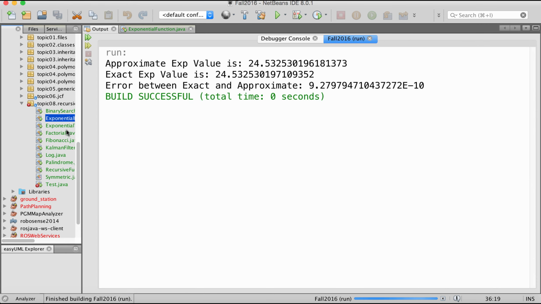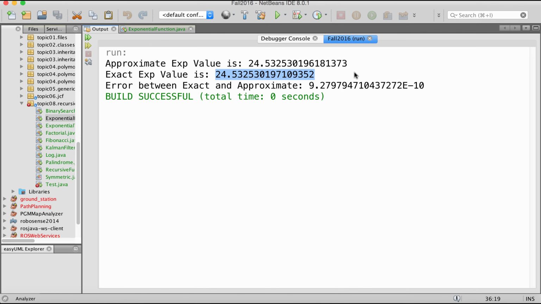I'm going to put 20. It's 9 exponential minus 10, so very, very small. You can see they are almost equal. This approximation is very good. Even with 20 iterations, we are able to find it, and we can apply this to different kinds of functions.